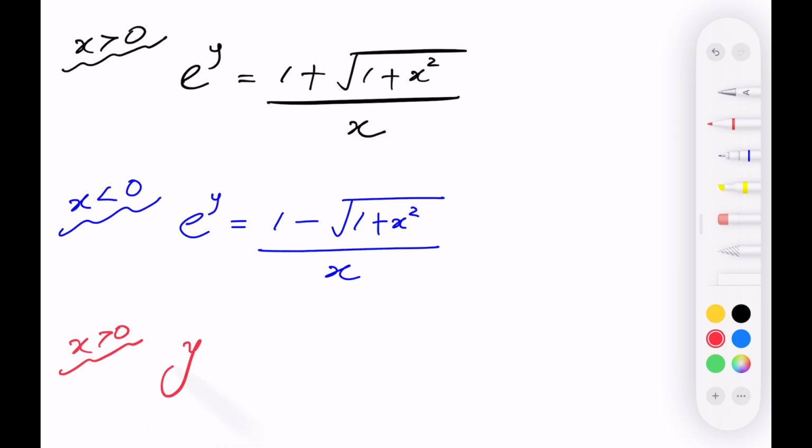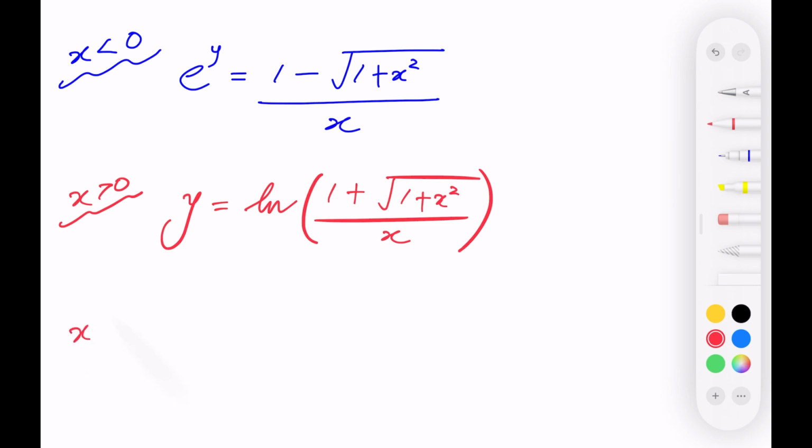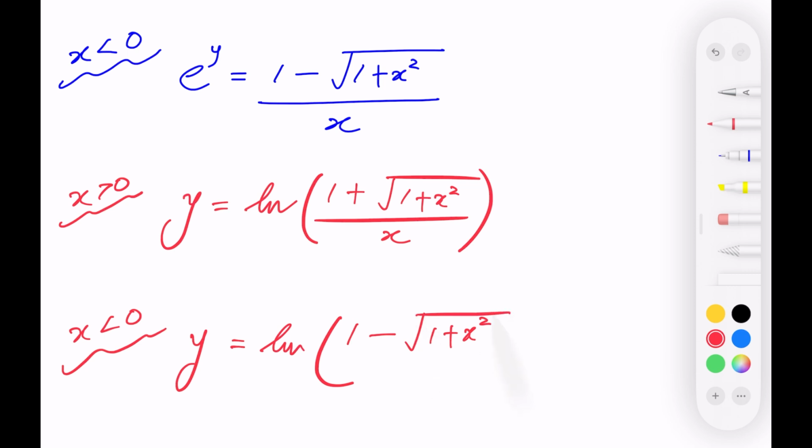Then y will be equal to natural logarithm of 1 plus square root 1 plus x squared divided by x. And when x is less than 0, from the second relationship that we have obtained, when I take the natural logarithm, I get y equals natural logarithm of 1 minus square root 1 plus x squared, all of that divided by x.